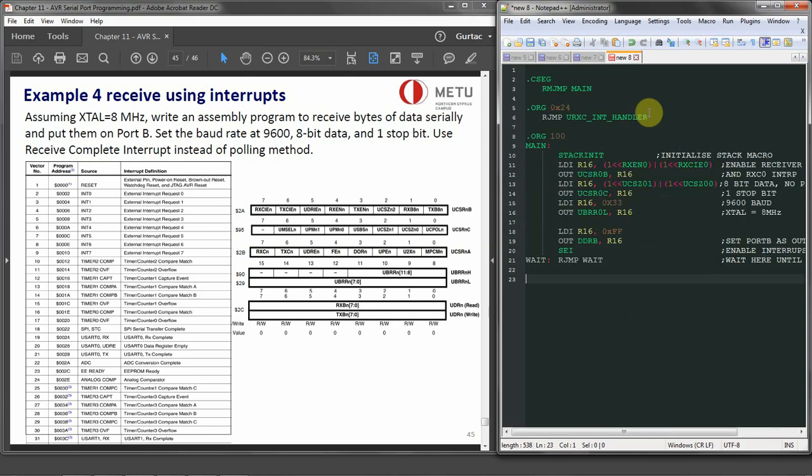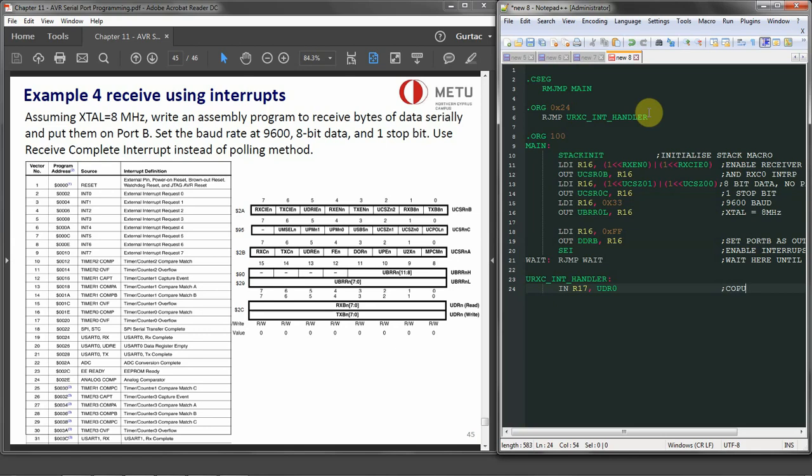Then we need to write the interrupt service routine. So the URXC interrupt handler. We'll start with, what we need to have, we have to get the value from UDR into one of our GPRs, in R17, UDR0. We'll actually transfer the value in UDR into one of the GPRs.